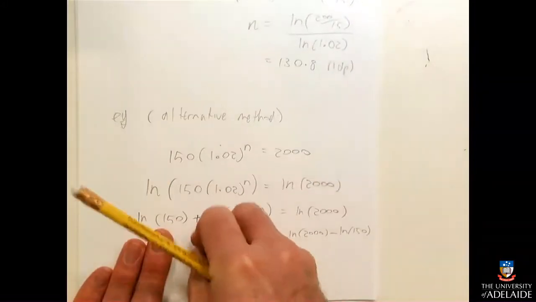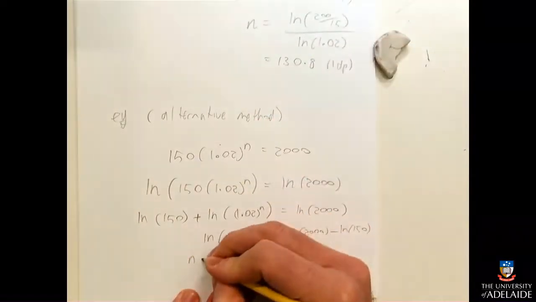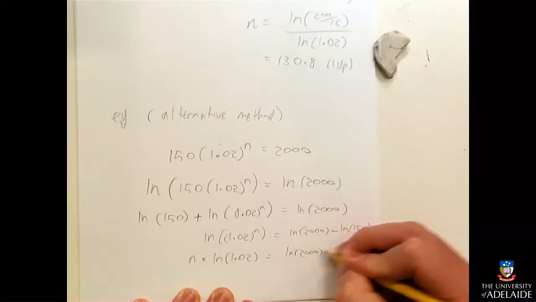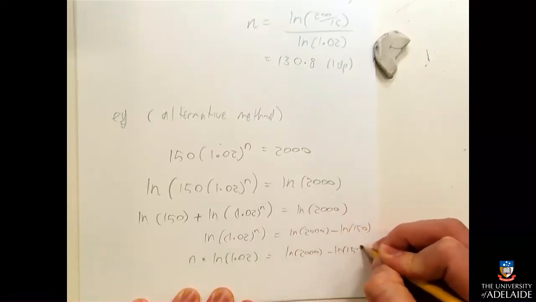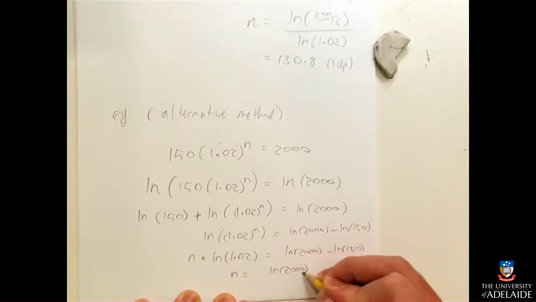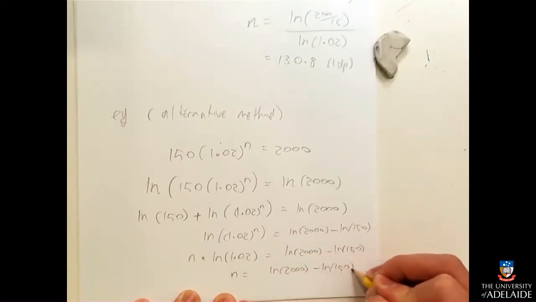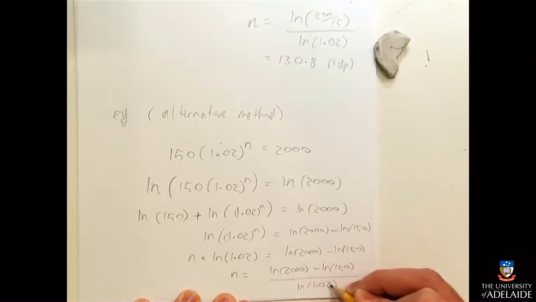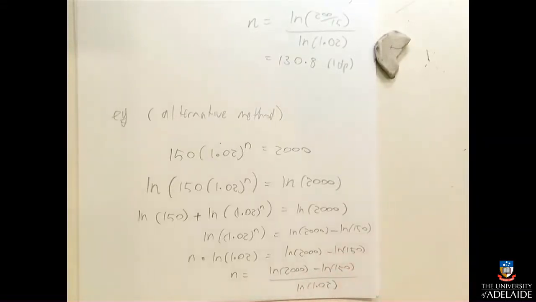I probably don't need that bracket. And then n will be that divided by the ln 1.02. Okay, which should be the same answer, yeah?